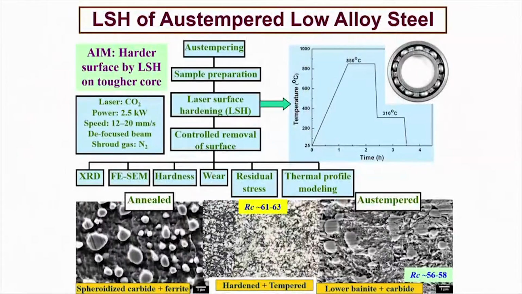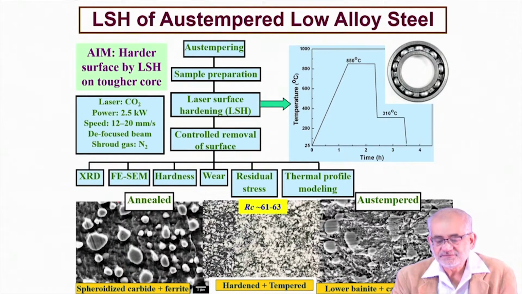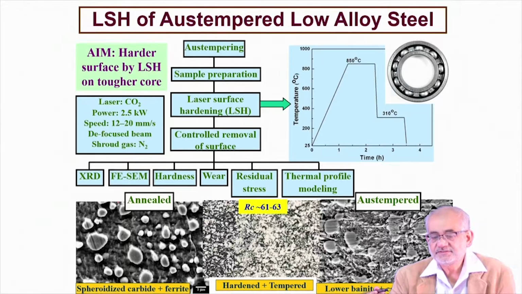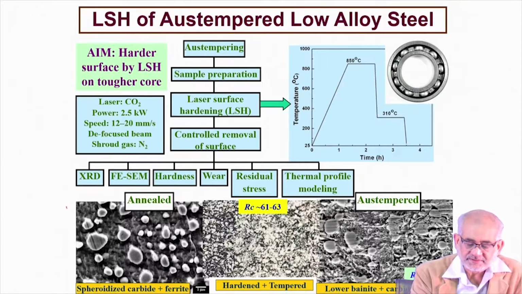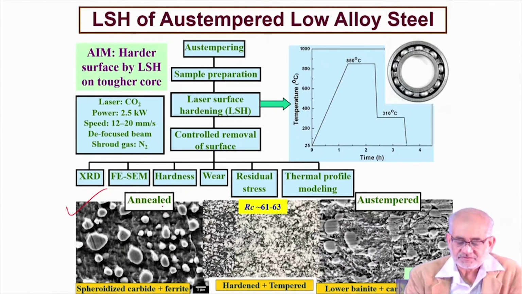So that's the strategy. The same strategy we applied for another kind of steel, which is austempered low alloy high carbon steel, the typical bearing steel material AISI 52100. And what we did there basically is, in a normal annealed condition, this is the kind of microstructure. These are the spheroids of carbides, and in hardened and tempered condition, the typical hardness level is higher.